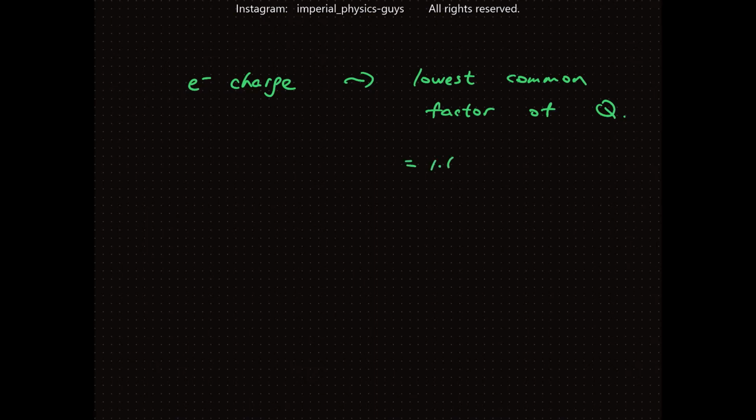So the electron charge is given by the lowest common factor of the values of Q obtained from the experiment. And this value should be 1.6 times 10 to the minus 19 coulombs.